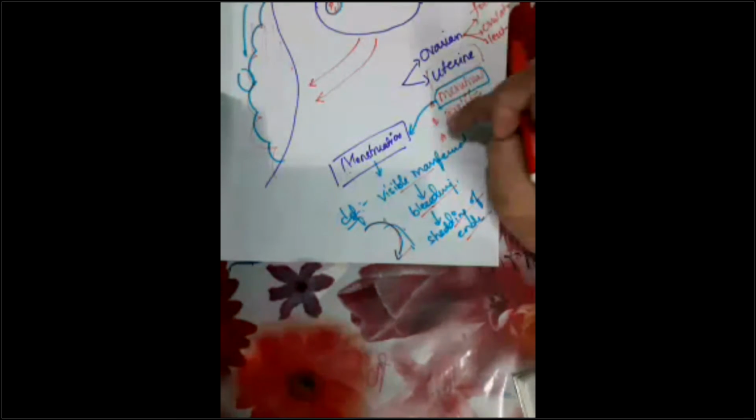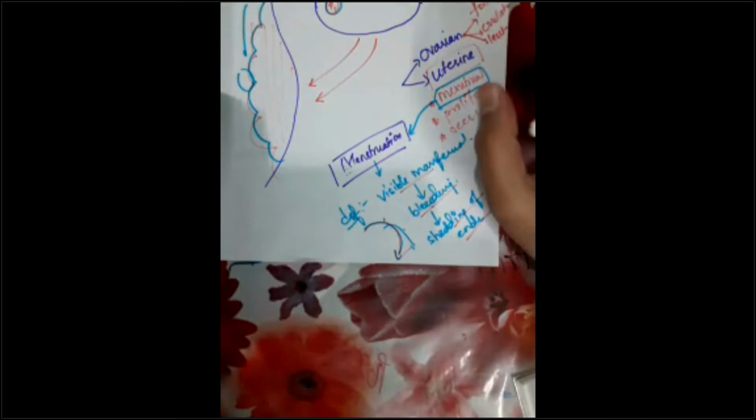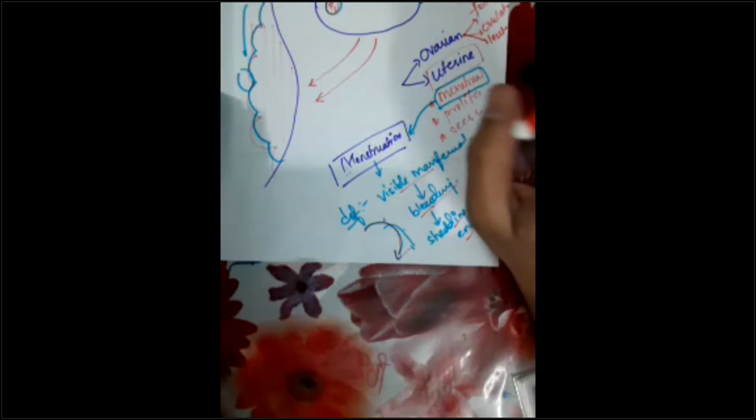Am I clear with the definition of menstruation? Menstrual cycle is this thing, and menstruation is just the bleeding. Is it clear? I think it is clear.